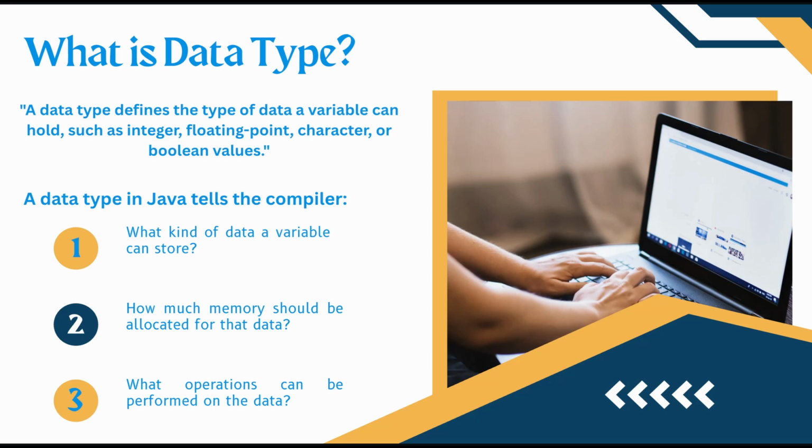A data type in Java tells the compiler what kind of data a variable can store, and, as I have previously discussed, how much memory should be allocated for the data. Why is it needed? Suppose you want to store a small number, 1 to 100, and you are sure the number cannot exceed 100 till the end of this universe.